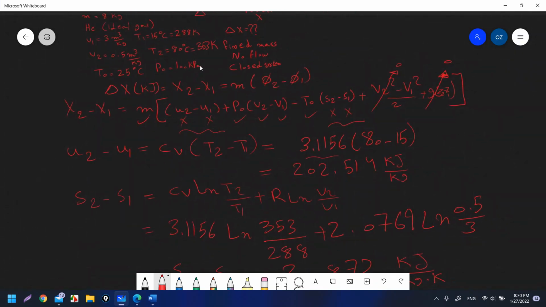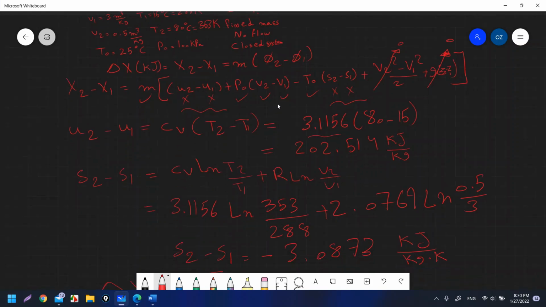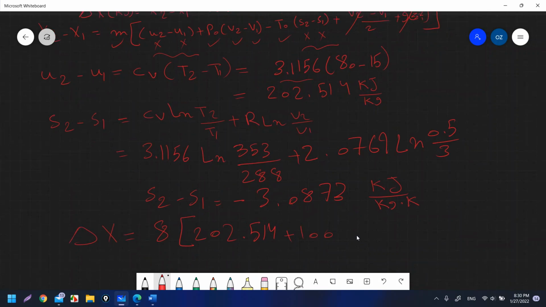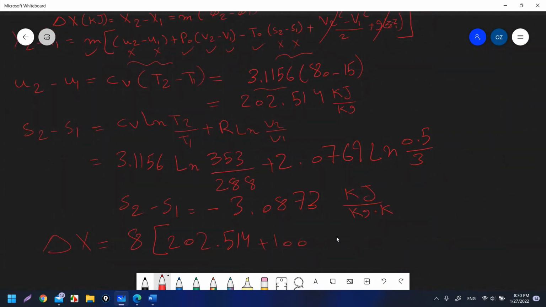It is in kilopascal, and keep it in kilopascal because you already calculated U2 minus U1 in kilojoule per kilogram, and the entropy change in kilojoule per kilogram Kelvin. So you have the kilo. So keep the 100 kilopascal, don't convert it to pascal or anything. V2 minus V1, 0.5 minus 3. T naught is 298. S2 minus S1 negative 3.0873. This will give you, inshallah, 6,980 kilojoule.